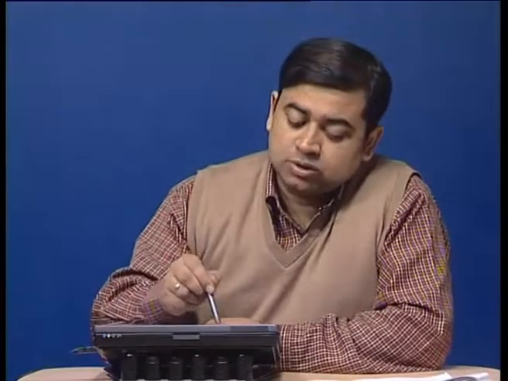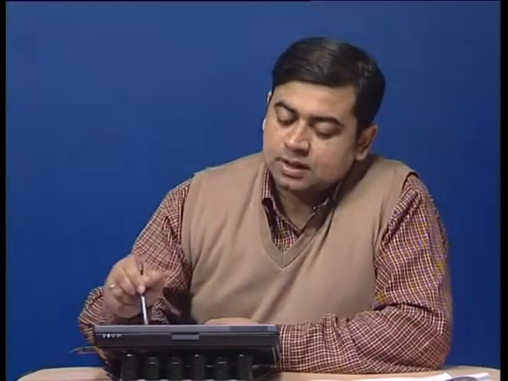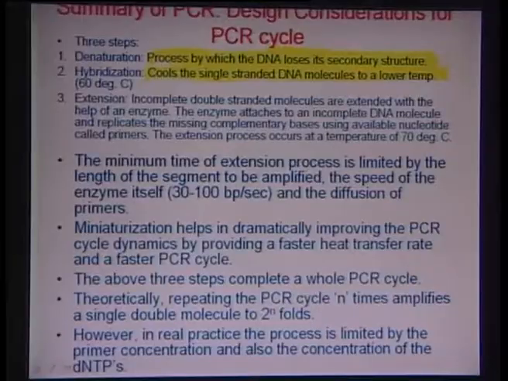Hybridization, on the other hand, cools the single stranded DNA molecule to a lower temperature, let's say about 60 degrees or so, and hybridizes the primer. And extension is when the incomplete double stranded molecules are extended with the help of an enzyme, the Taq polymerase. The enzyme attaches to the incomplete DNA molecules and replicates the missing complementary bases using available nucleotides. The extension process occurs at a temperature of about 70 degrees or so.